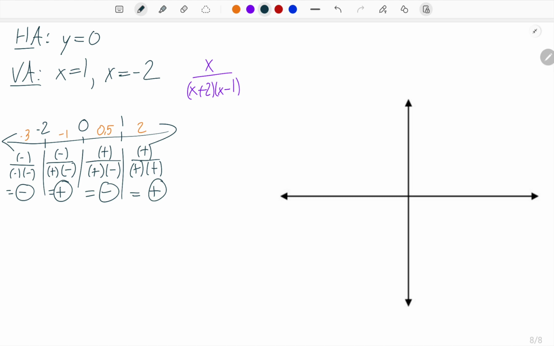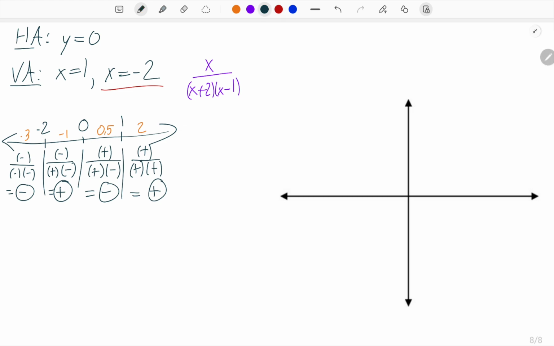All right, so this actually tells us our asymptote behavior. So we're looking at, let's say, the asymptote at -2. On the left side, we know we're negative, so the behavior must be approaching negative infinity on the left. On the right, it's positive, so it must be approaching positive infinity.